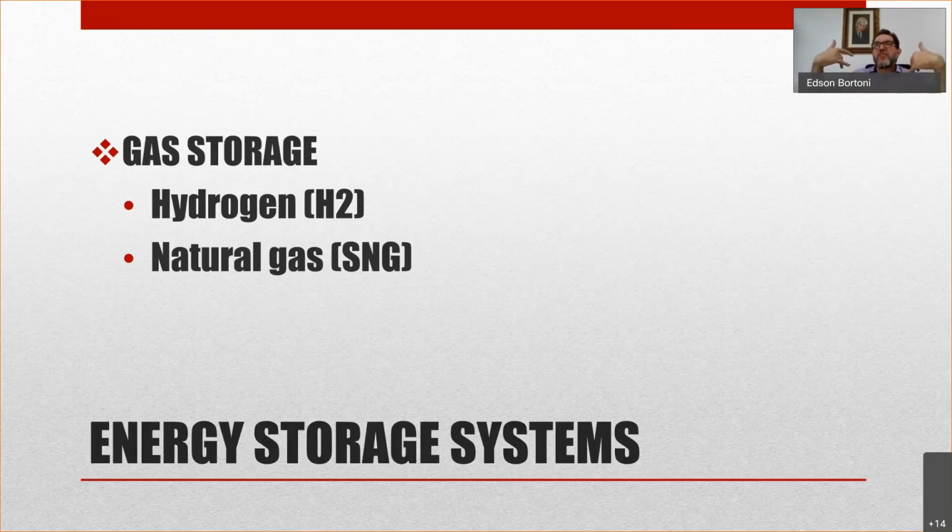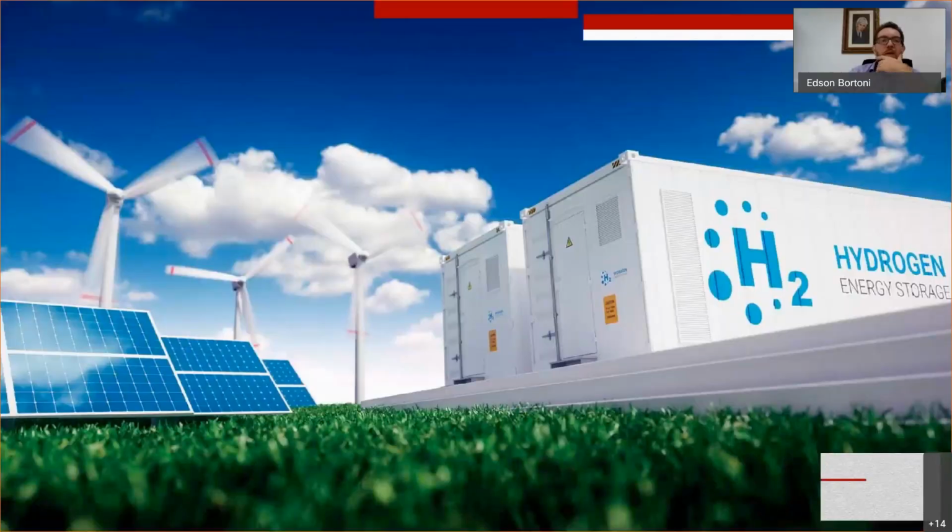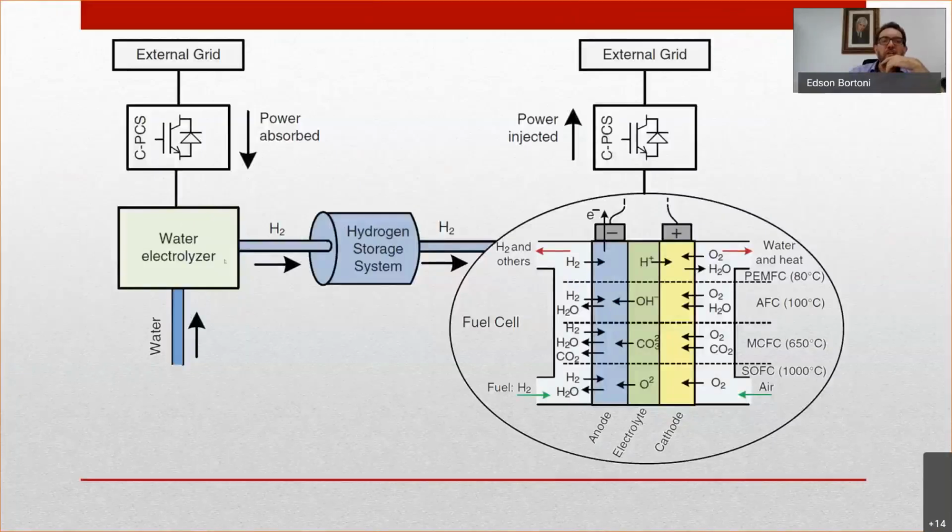So it becomes a dispatchable power. So generate the energy and make a water electrolysis, separating water, H2O, so we can separate the hydrogen from the oxygen and when necessary make it energetic.